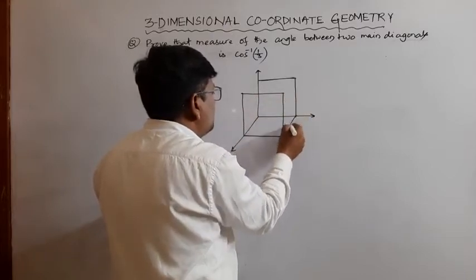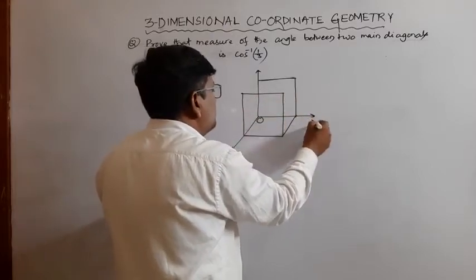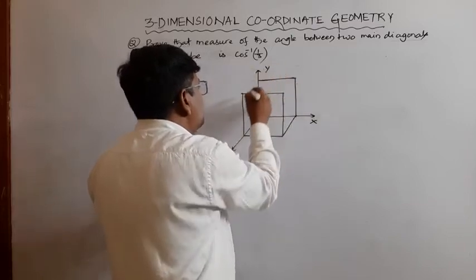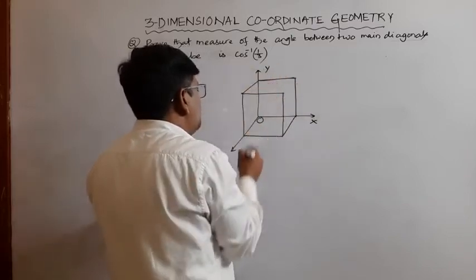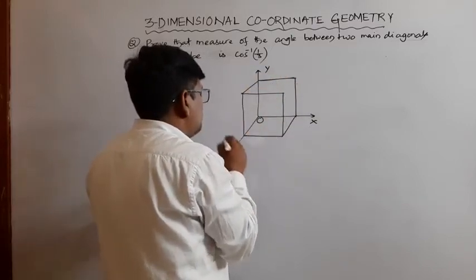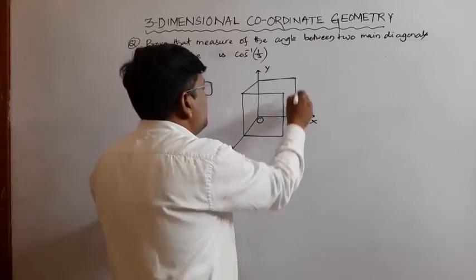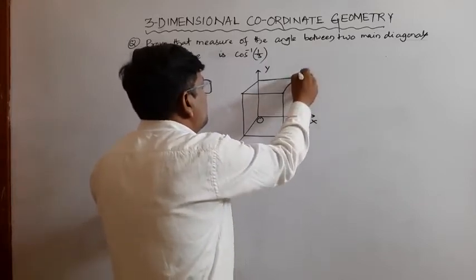Join this. This is the origin. This is x-axis, this is y-axis, this is z-axis.